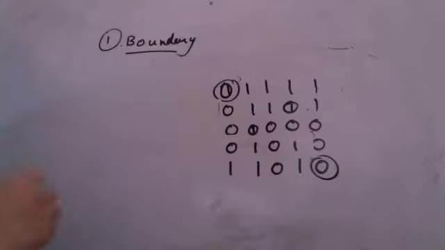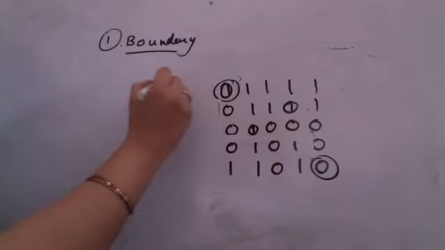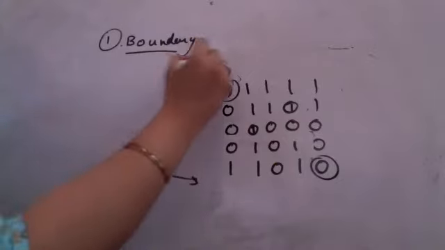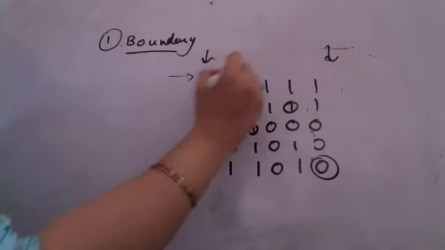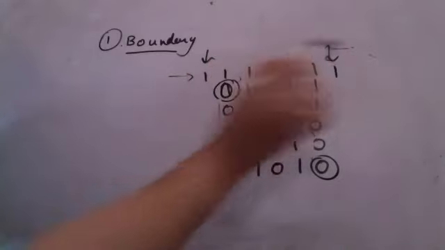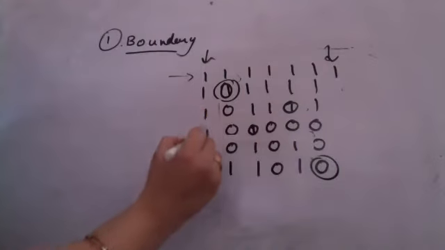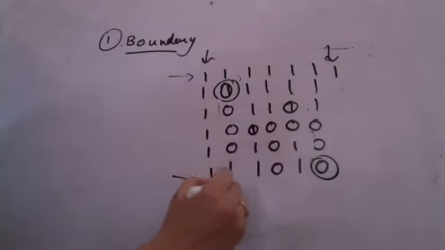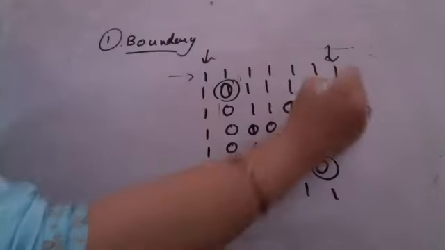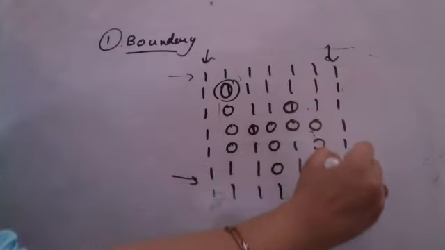How do I create a boundary? I add 2 rows and 2 columns with all ones. 1 means there is a wall. So I'm creating a boundary on the matrix. This is the extra boundary that I have created.